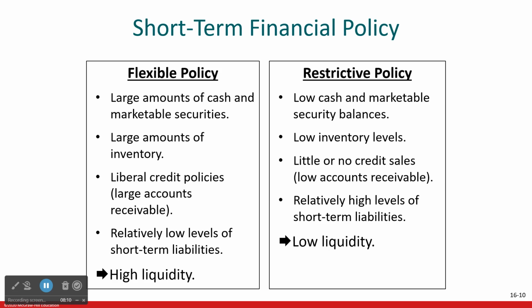We can demand our customers pay early, and we can keep minimal inventory on hand because the supply chain doesn't get disrupted. However, in the case of COVID-19, the flexible policy is what's helping a lot of businesses stay afloat, meaning they have a lot of excess cash so they can pay bills even though they're not collecting cash from their customers. They have a large amount of inventory, which means they're not stocking out.